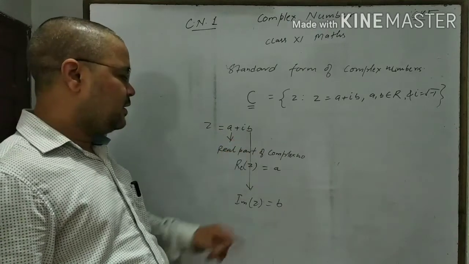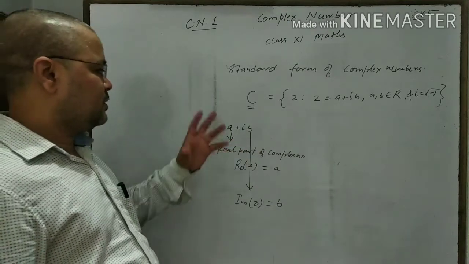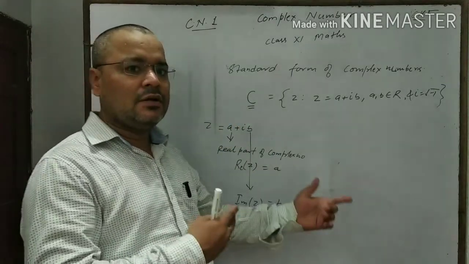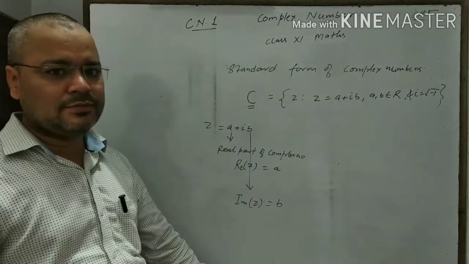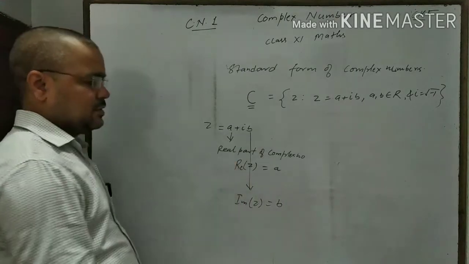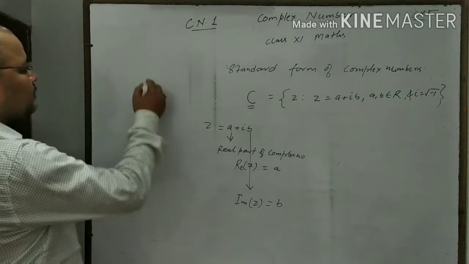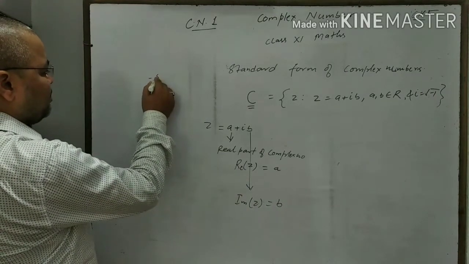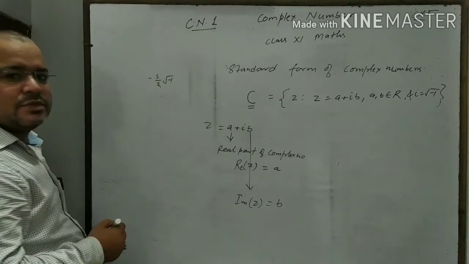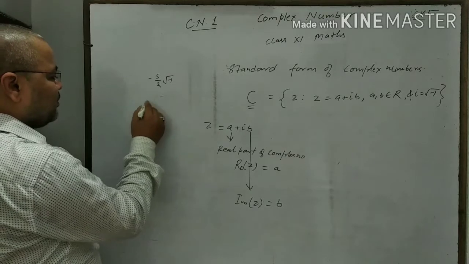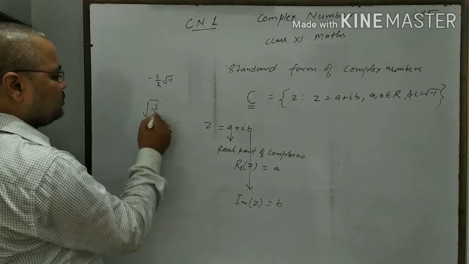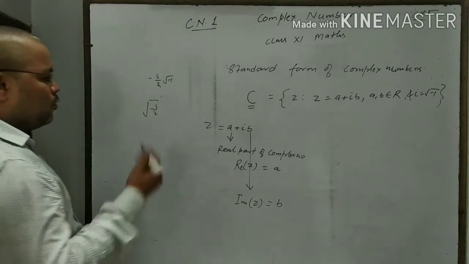And the complex number system is broader than the real number system. Imaginary part b and real part a. If we write here -5 by 2 under root -1, that is an imaginary number, or we can write minus under root -5 by 2. Why is this also imaginary?